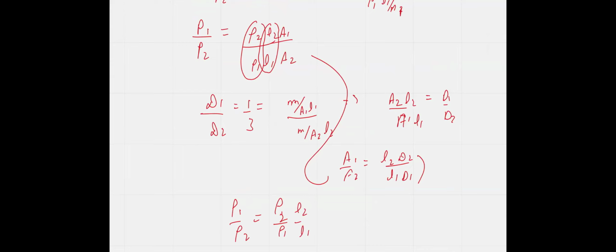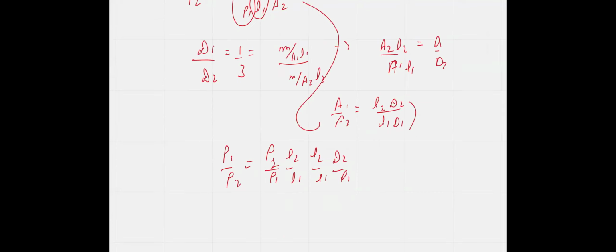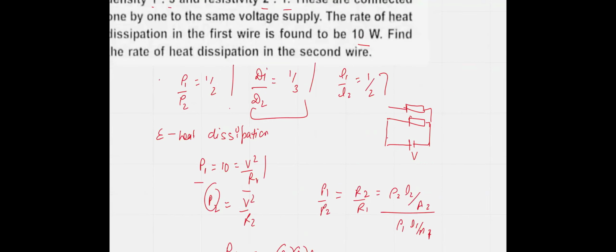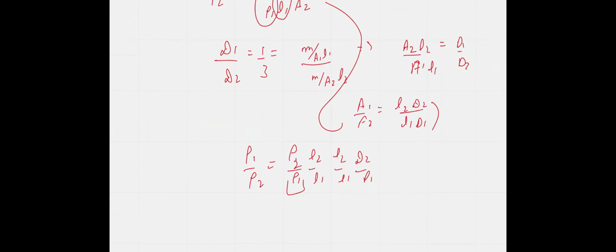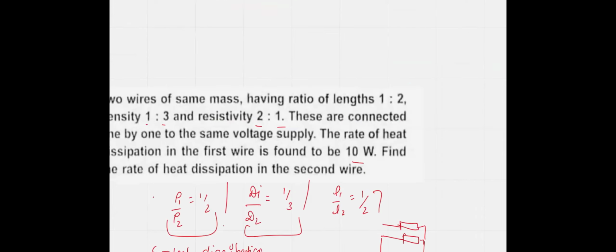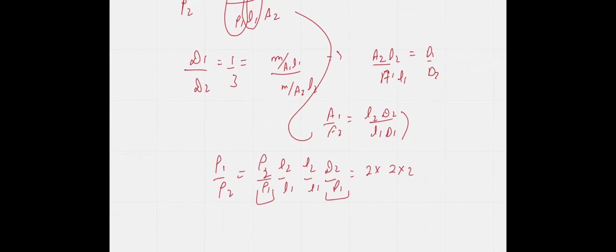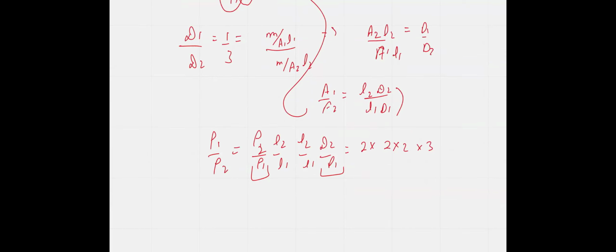What is ρ2 by ρ1? It is 2. What is L2 by L1? It will come out as 2 times 2. What is this part? This is 2. So finally, what answer have you got?